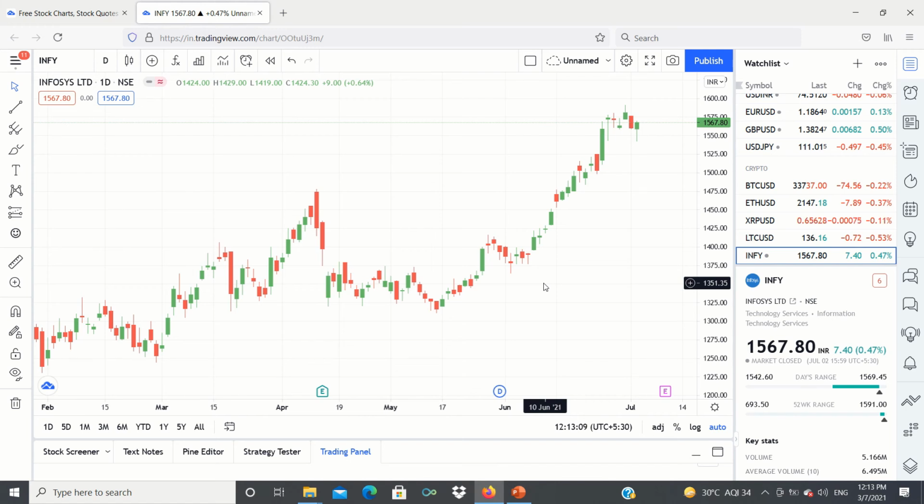There is no real difficulty in all these things, because people consider technical analysis a very big deal. But initially, to understand the price action, to understand a candlestick chart, this is all you need.